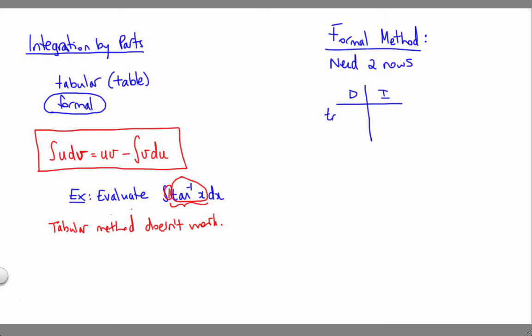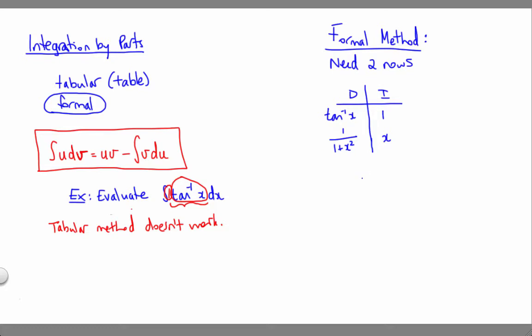If we put arctan x in the D column, then we are able to find the derivative of that function. That puts 1 in the integration column, and that's great because we know how to integrate 1. It integrates to give us x. So we've set up the table with 2 different rows.